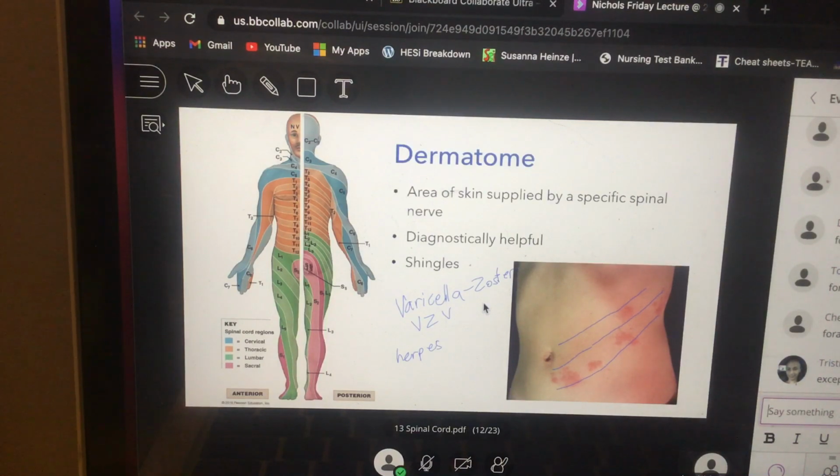So if you take a look at our dermatome map, on the anterior side, you can actually see that probably the spinal nerves T9 and T10 are the nerves that the virus was hiding out in all those years until this patient became immunocompromised, and the virus was able to reemerge again, to come back out and cause a reemergence of the chickenpox.